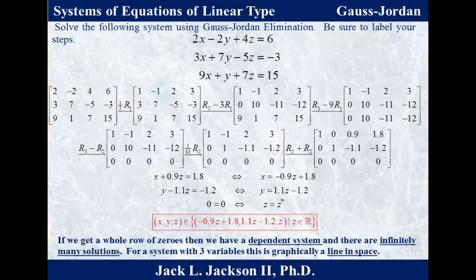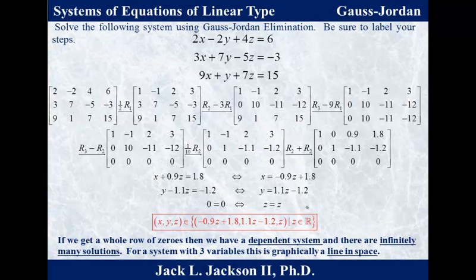And I'm going to take something that's always true, 0 equals 0, and replace it with something that's equally always true in terms of z, that is, z equals z. And so this is what we call a set of parametric equations for the line. It gives everything in terms of one variable, namely z. Now if I write the solution set, I could write it this way.